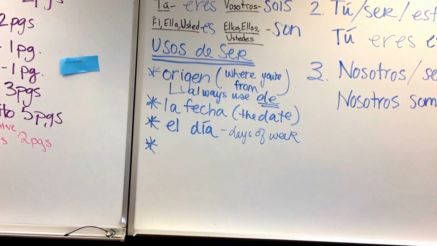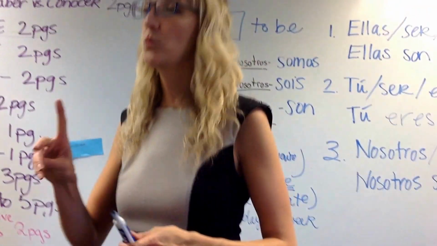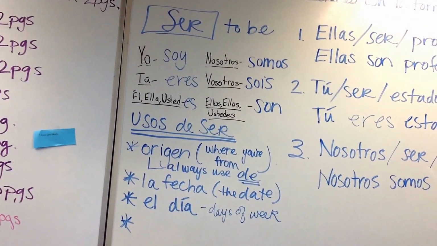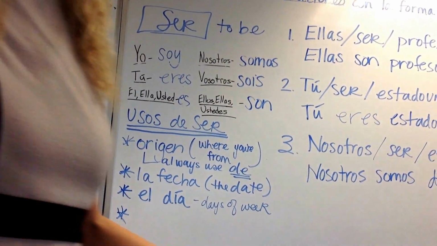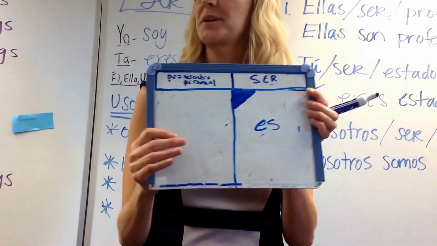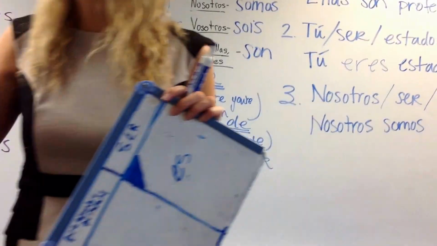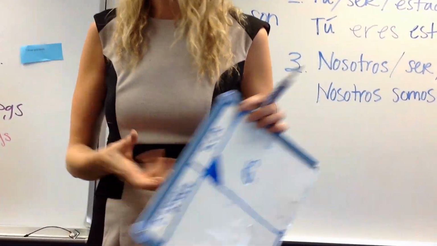Okay, let me see you formal are. One word. You formal are should be es. What personal pronoun would go with this? Usted. Is this helping? Is this starting to make sense now?